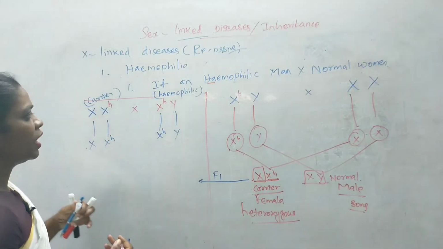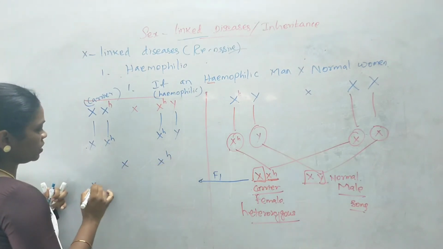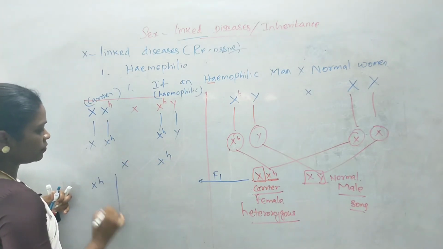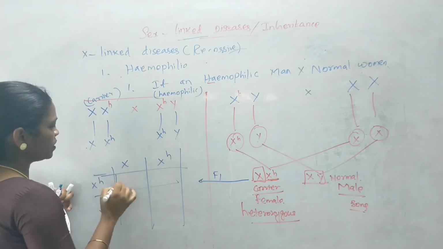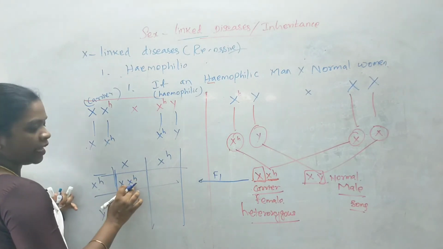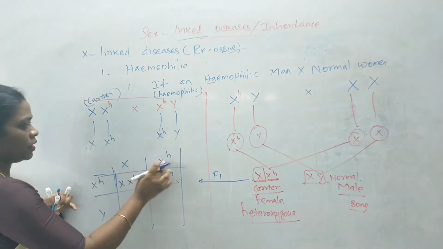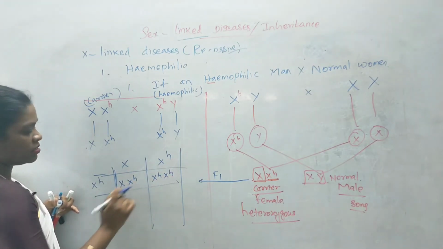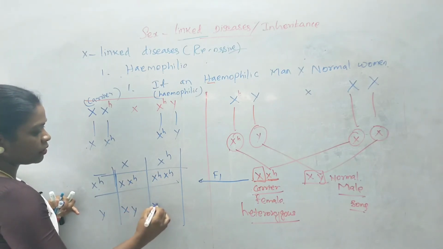An easier way to find the gametes is to write a Punnett square: X, XH, XH, Y. We will write the gametes. One X chromosome will be carrying the gene. Here, both the chromosomes are carrying the disease gene. Here again, normal XY.